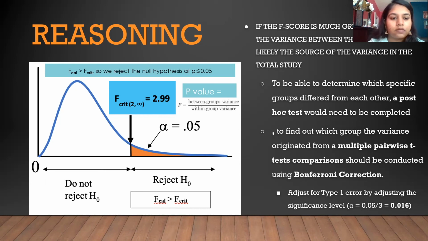And in terms of the F crit, we got 2.99, which ends up being less than F calculated. So we rejected the null hypothesis at a p-value of less than or equal to 0.05.